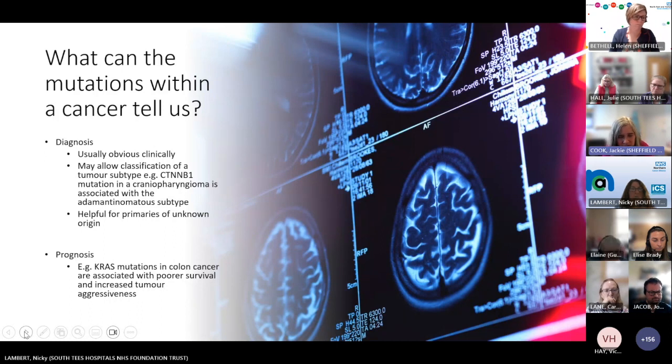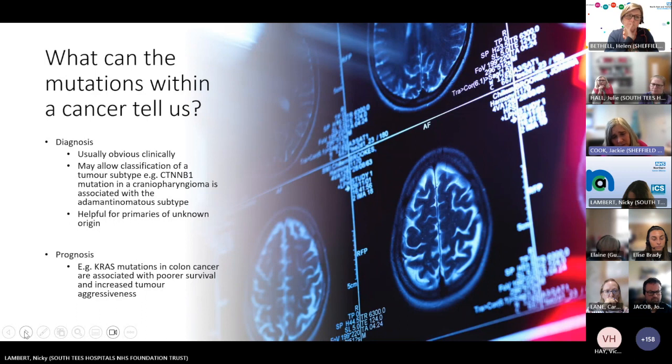So it allowed us to subclassify that diagnosis. Where it can be helpful in diagnostic terms is when we don't know where the primary comes from. So sometimes people present with metastatic disease and it's not at all clear where it started. And by looking at the mutational signature within that cell, sometimes that can tell us where it started.